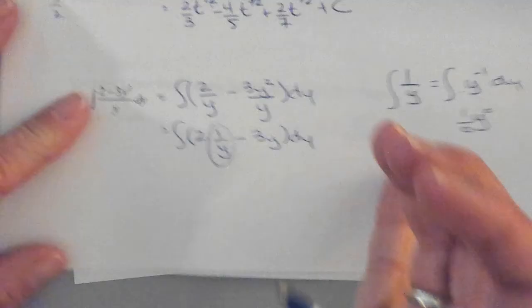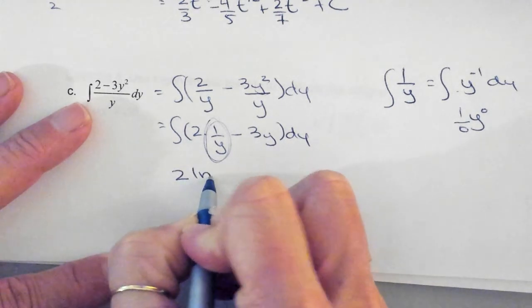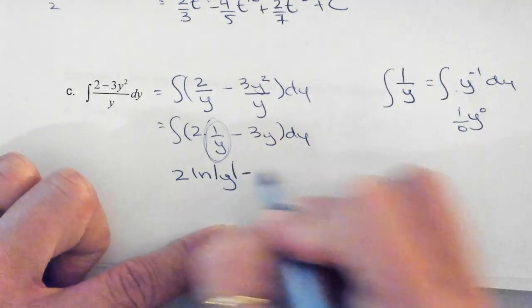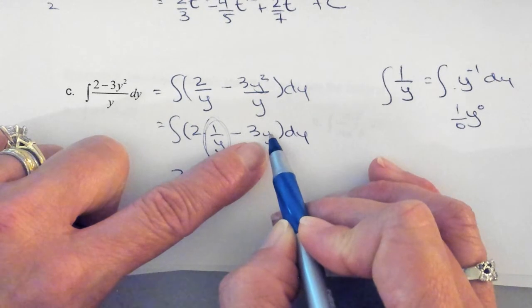Absolutely, the natural log. So when I integrate, this is 2 times the natural log of the absolute value of y. Whatever y is, you would take the absolute value of it, so you must indicate the absolute value. And this becomes minus what? What's the current exponent? 1.